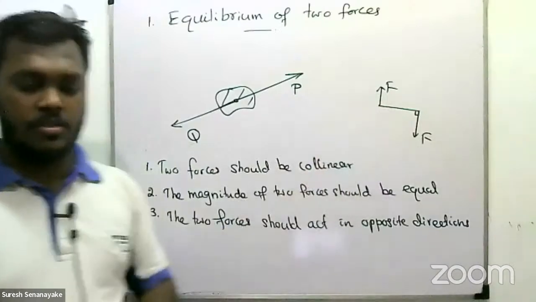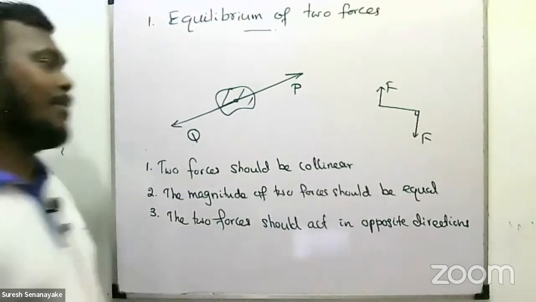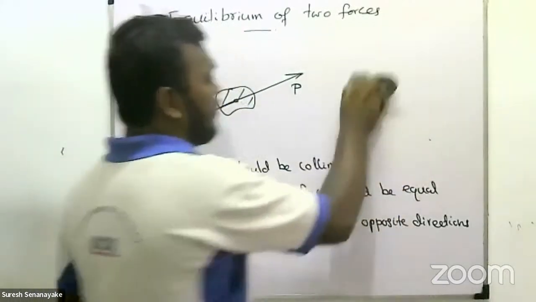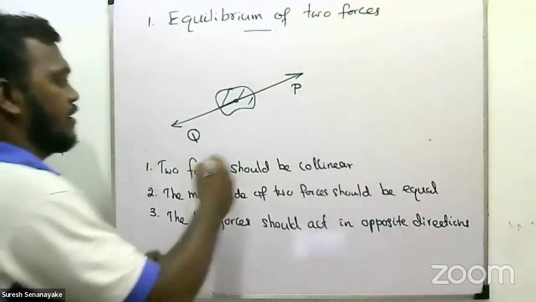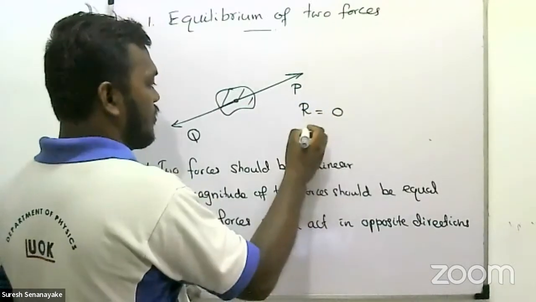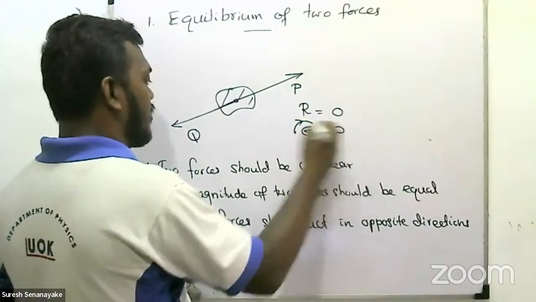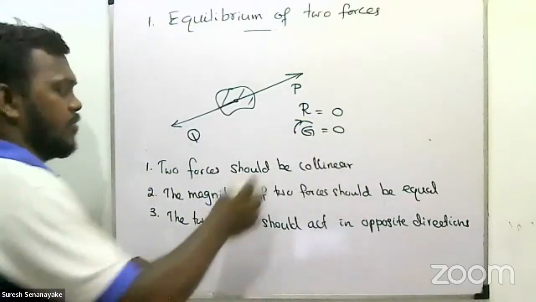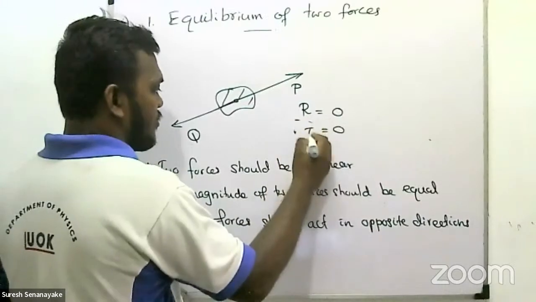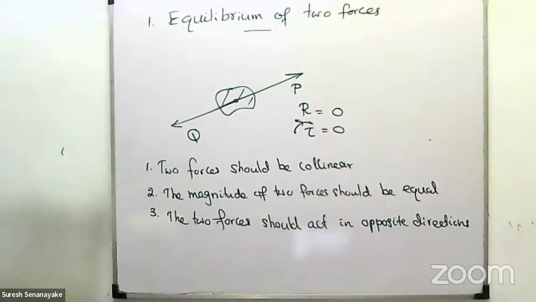Only when they are acting on the same line of action can we say the resultant is equal to zero, and the moment about any point, the torque, is also zero. Then we can say the body is in equilibrium.